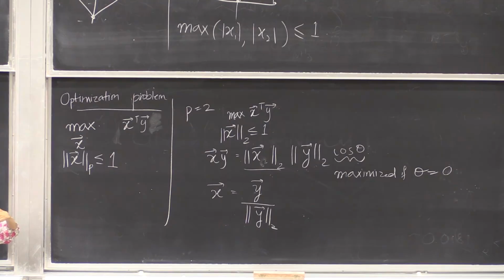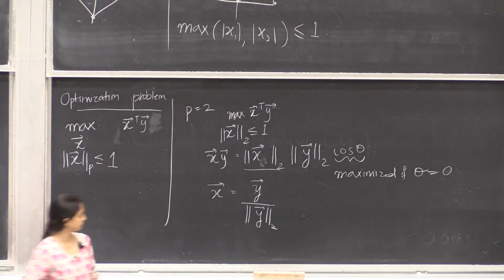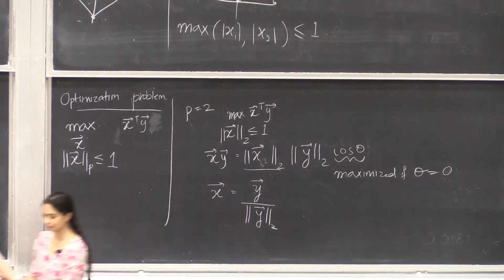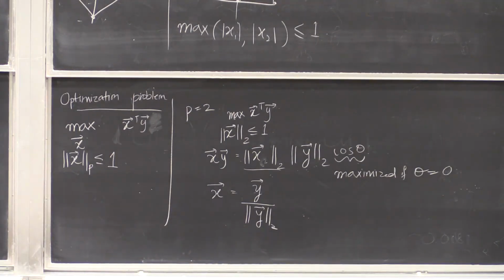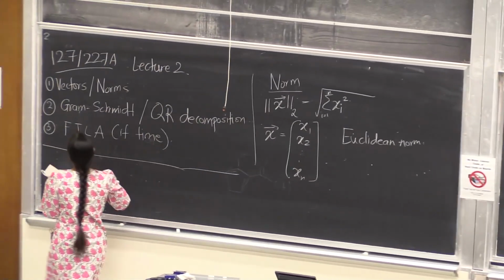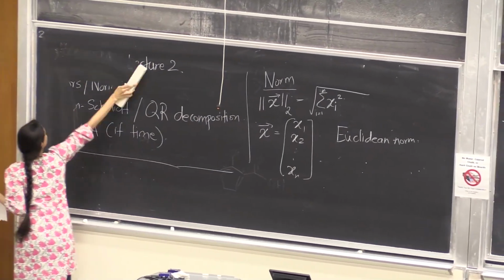We're good? Everyone with me? Okay. This was the easy case. So now what we want to do is think about, well, what if we have the 1 norm?